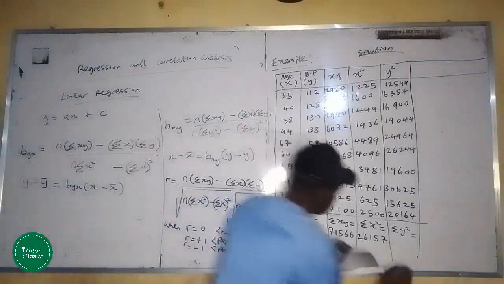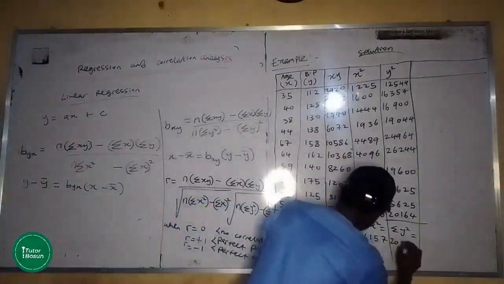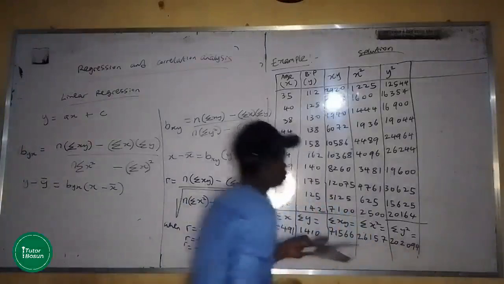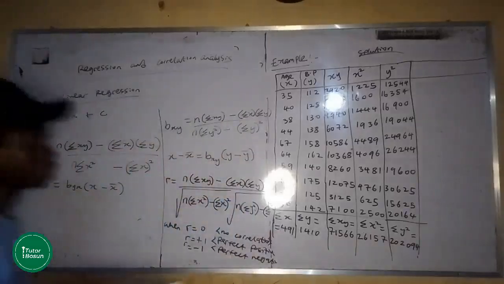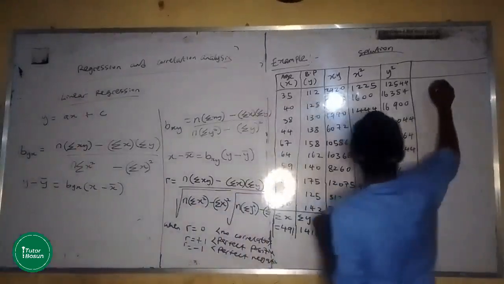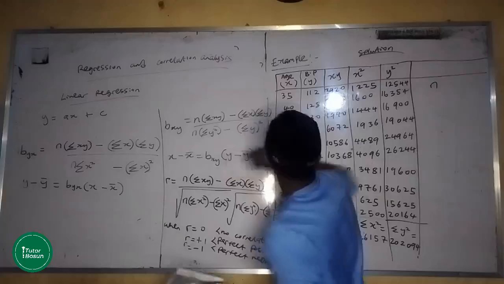So this gives us 202094. So we have been able to get all our computations.